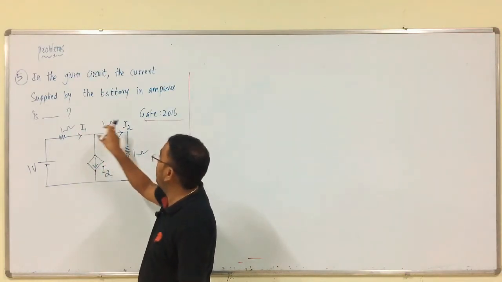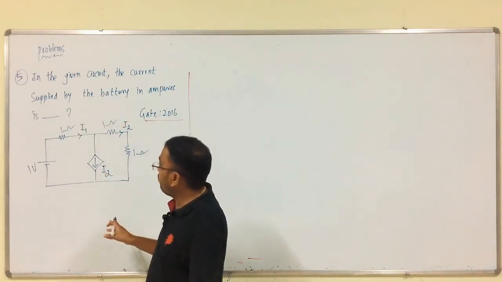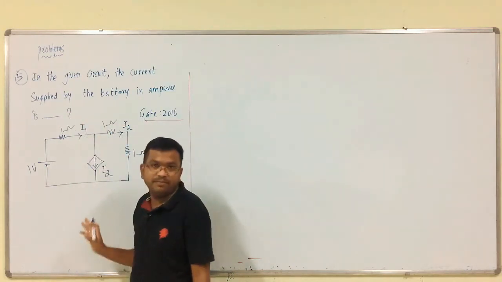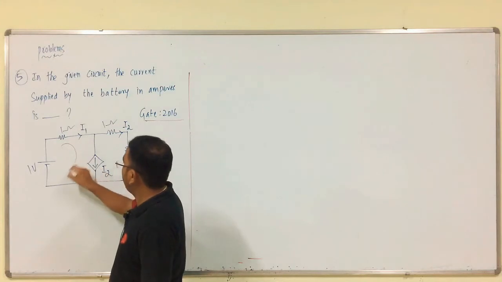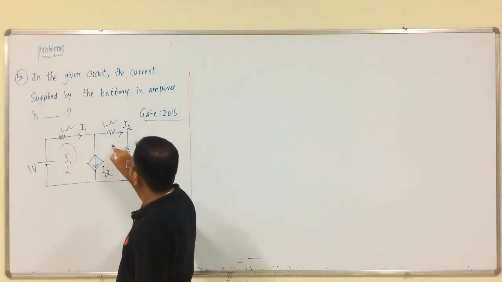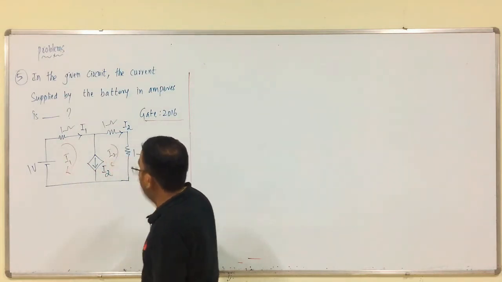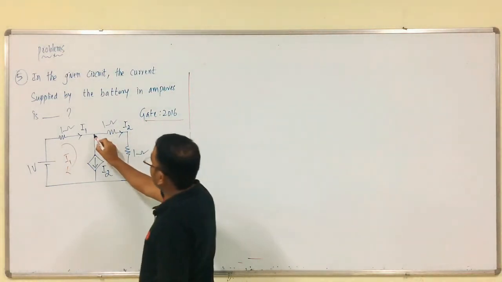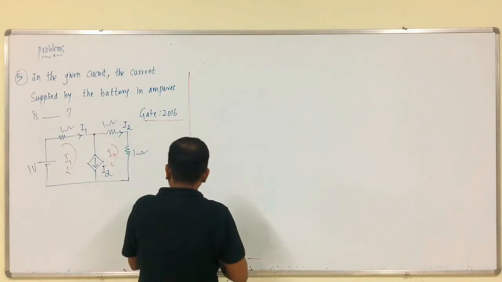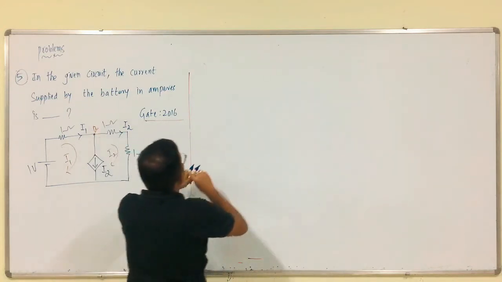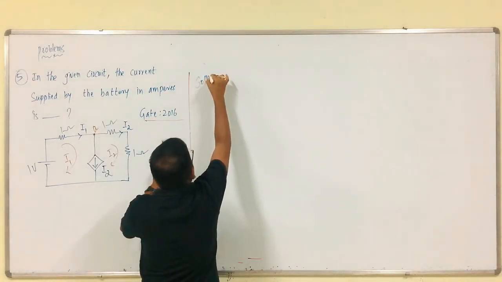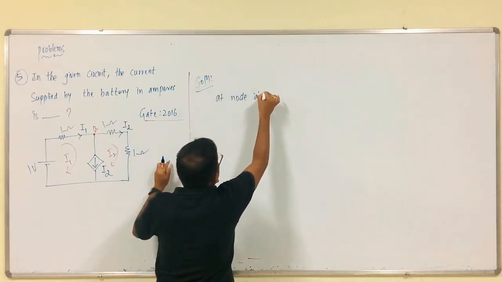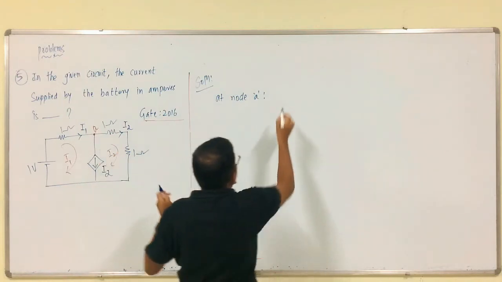That is I1, I2, and this is also I2. So he wants the current I1, that is the current supplied by the battery. By default this is I1, this is I2. From the circuit we can tell at this node, say this is A, at node A, what is the value of current?